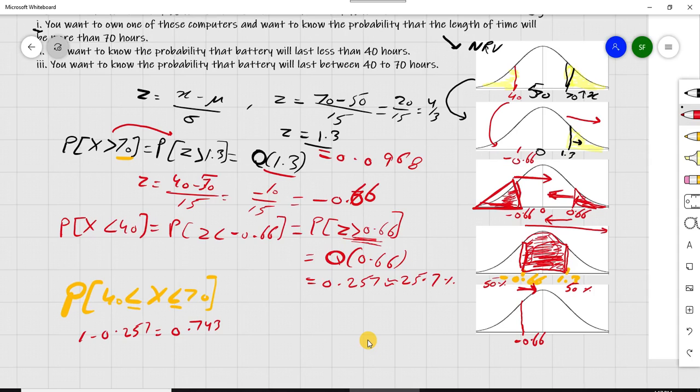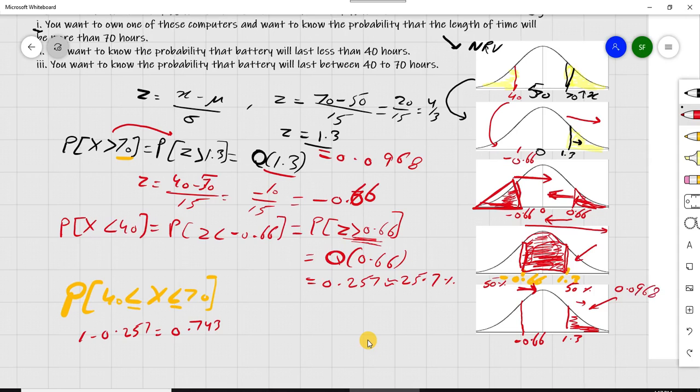Now what I do is I find the probability after 1.3. The probability after 1.3 is already given in our problem, that is Q of 1.3. This probability came out to be 0.0968.